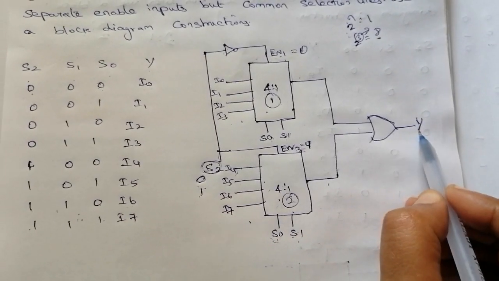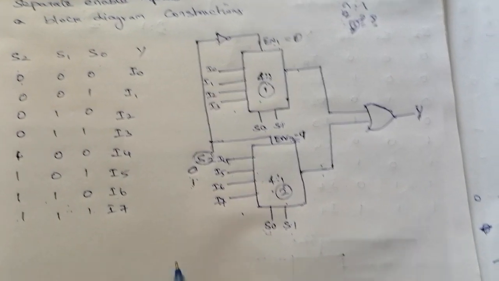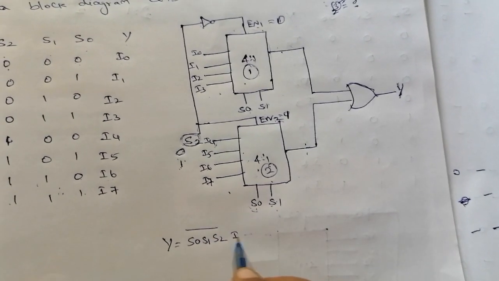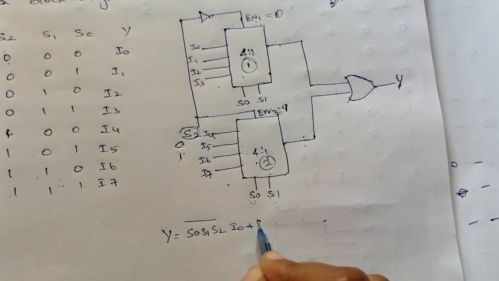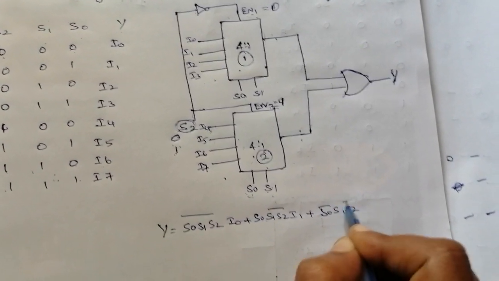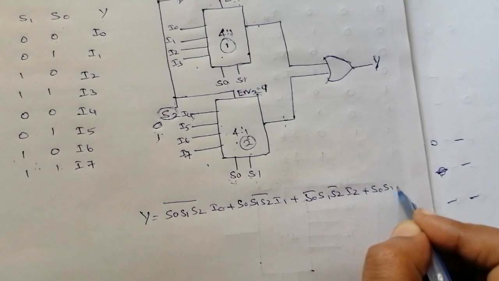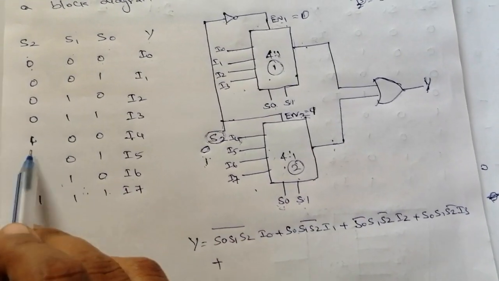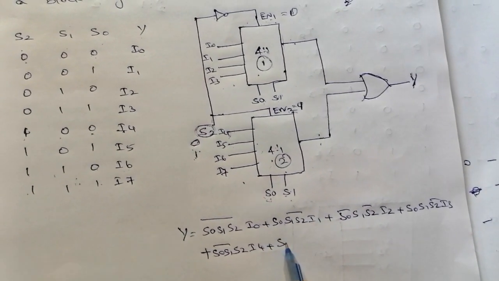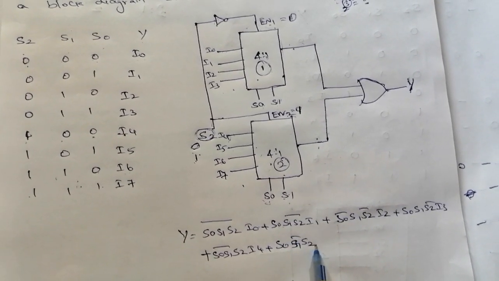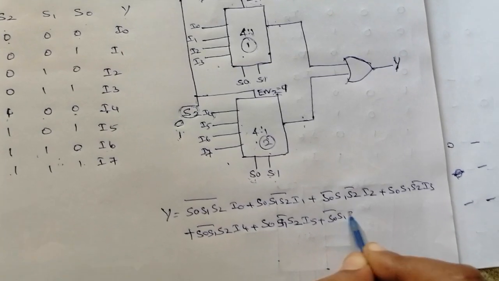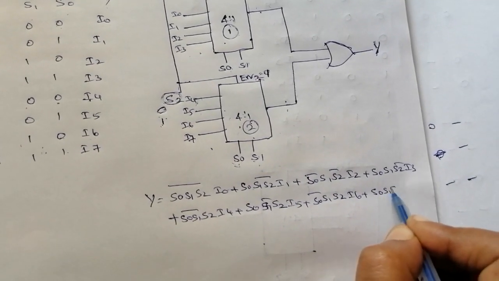So our total overall output for the 8:1 mux, Y, combines these two outputs, which is nothing but Y equals S0 bar, S1 bar, S2 bar I0, plus S0, S1 bar, S2 bar I1, plus S0 bar, S1, S2 bar I2, plus S0, S1, S2 bar I3, plus S0 bar, S1 bar, S2 I4, plus S0, S1 bar, S2 I5, plus S0 bar, S1, S2 I6, plus S0, S1, S2 I7.